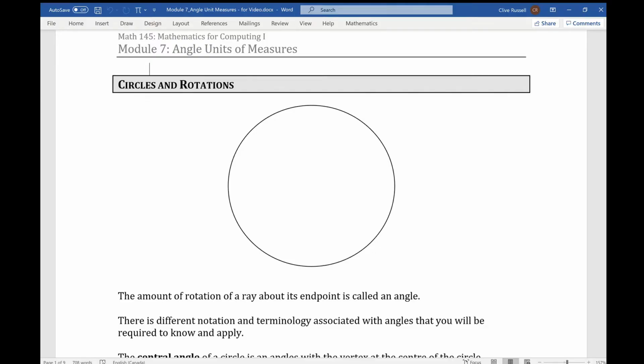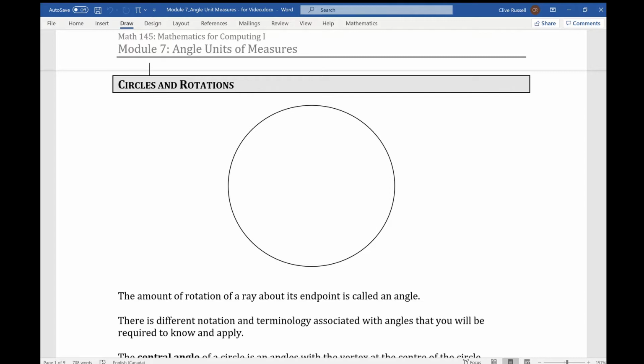Our lesson today will be angle units of measure. So we'll be focusing on the circle, and in particular we're going to be measuring angles in a circle. You're probably used to angles measured in degrees.